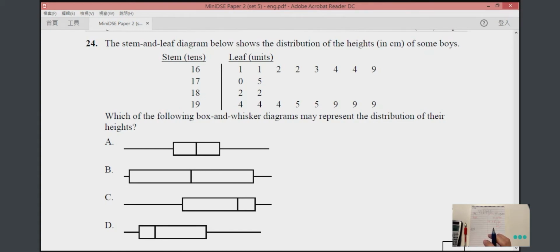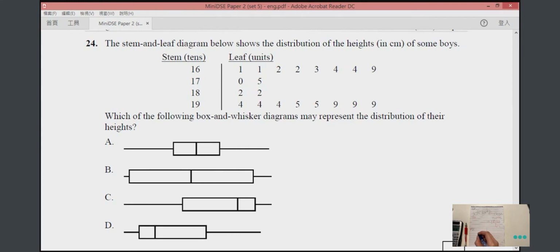How about C and D? The Q2 is not in the middle, right? For the stem and leaf diagram, you find out the Q2 is in the middle, between 175 and 182. So the Q2 is 178.5, which is very close to the middle point.